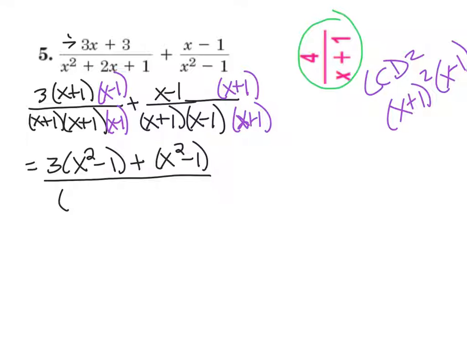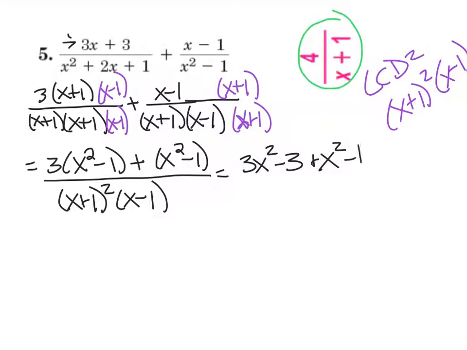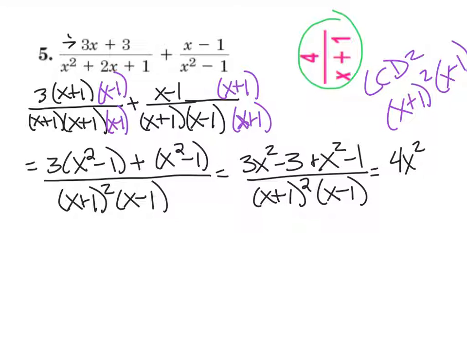And now I'm putting everything over one denominator, which is that. Now I'm simplifying. So this becomes 3x squared minus 3 plus x squared minus 1 all over x plus 1 squared times x minus 1. And that equals 4x squared minus 4 all over x plus 1 squared times x minus 1.